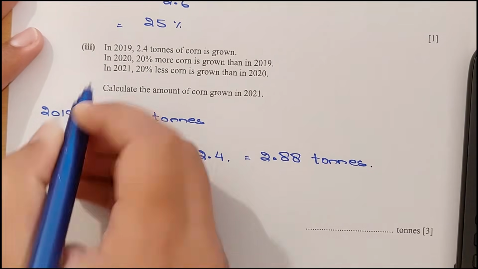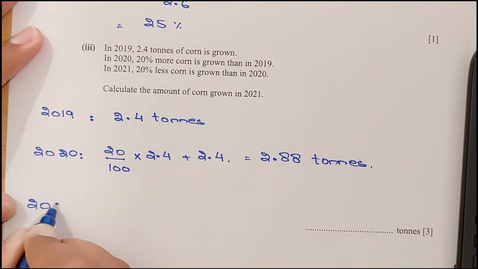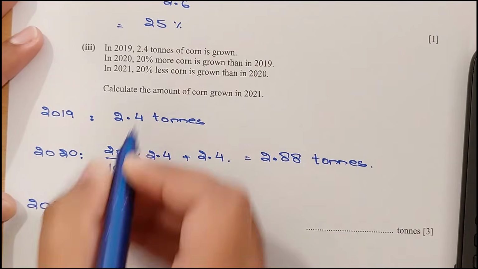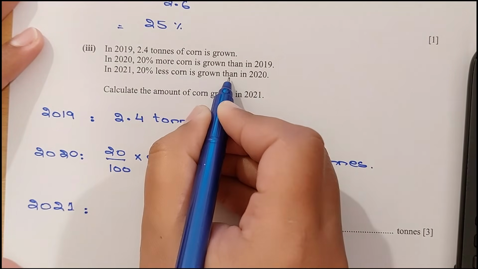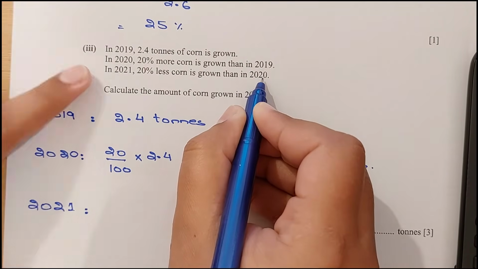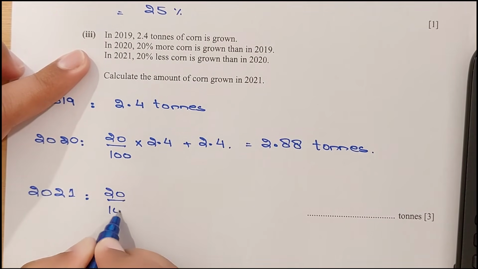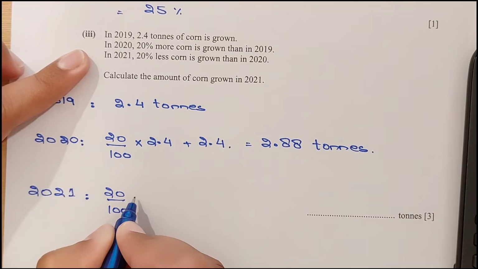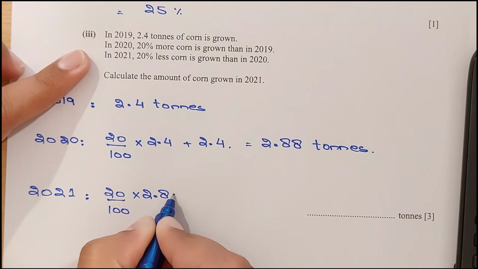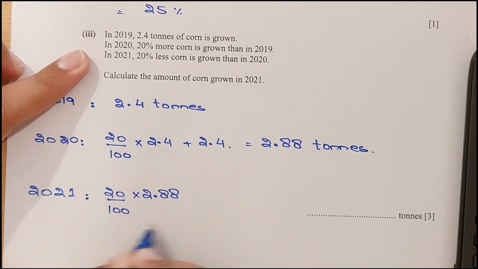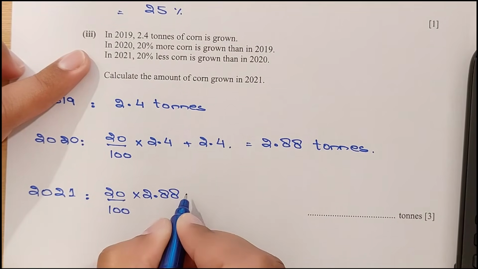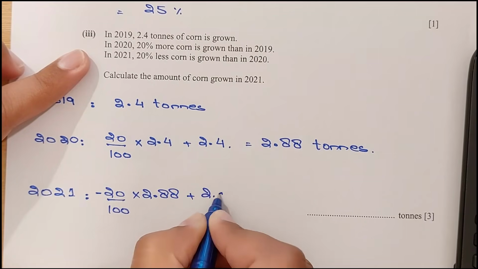Yes. In 2021, 20% less corn is grown than in 2020. So 20% less. First we need to find 20% of the corn grown in 2020, that is 2.88, and then it is less. So this answer is subtracted from 2.88.